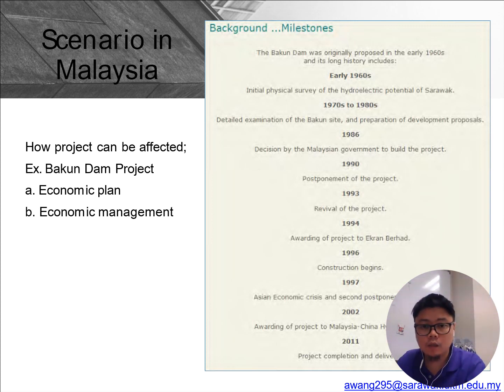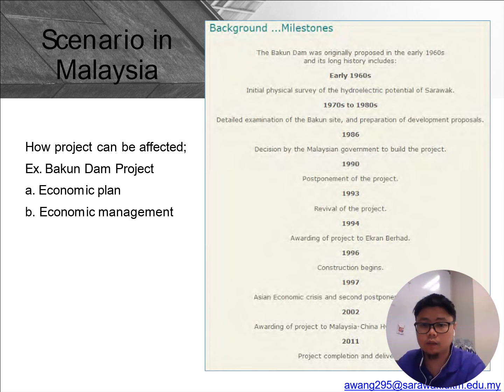For example, here the Bakun Dam was originally proposed in the early 1960s. The decision to build the project only came in 1986 after survey works and proposals were prepared. But they were postponed several times due to the economic recession and so on. So finally, the project was completed in 2011.